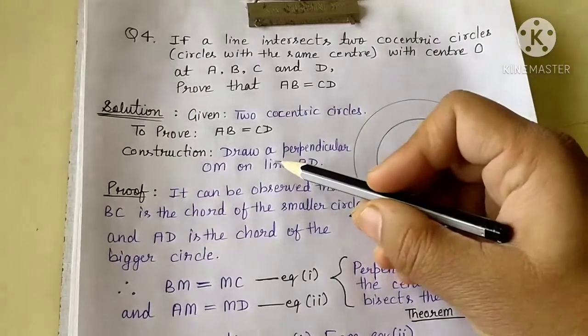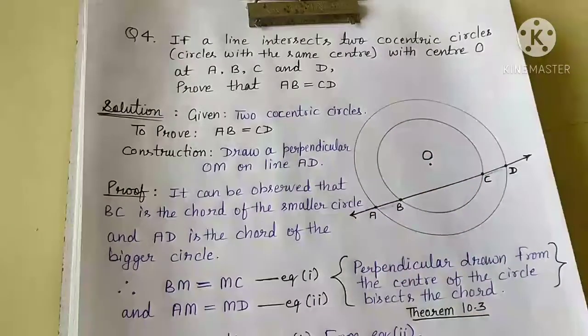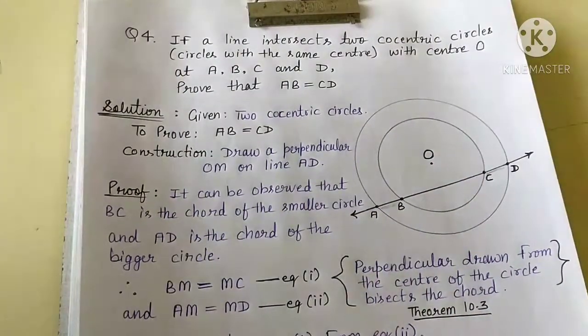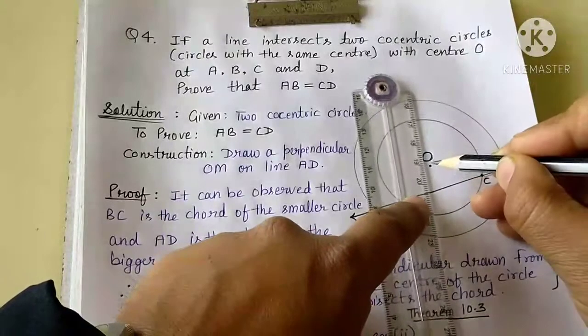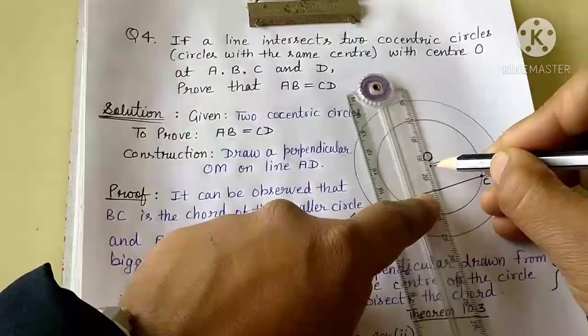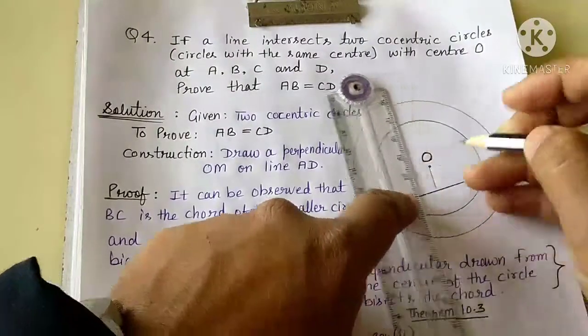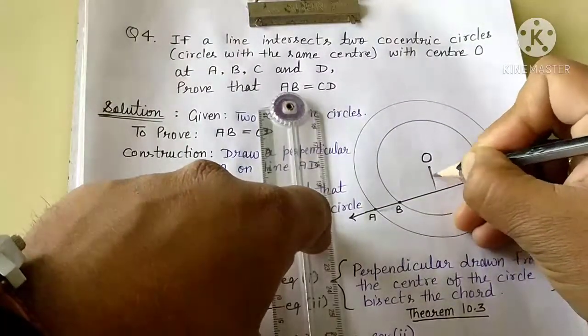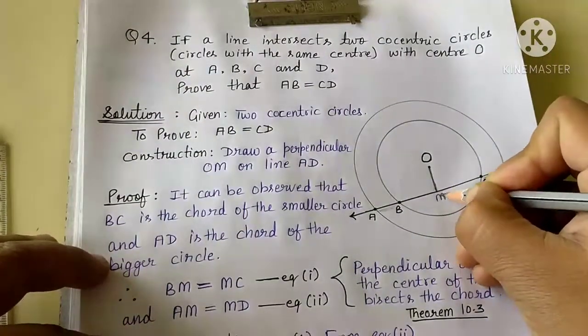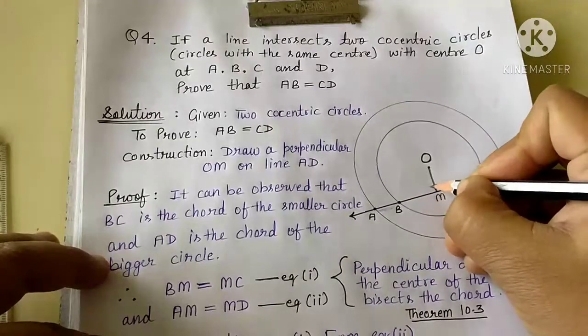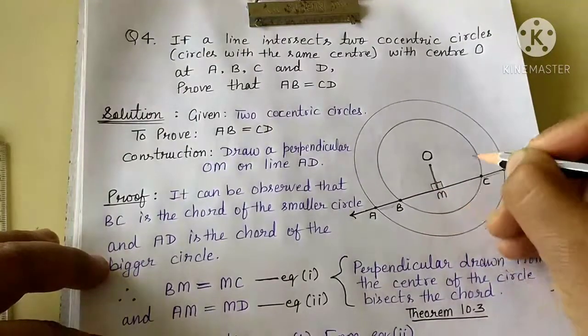First we are drawing a perpendicular OM on line AD. So let's draw the perpendicular. We have drawn this perpendicular straight line OM on line AD. It means it will make a 90-degree angle on both sides.